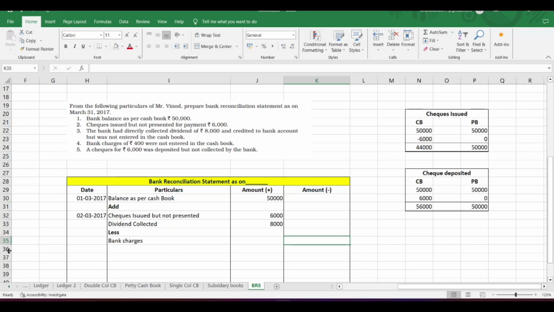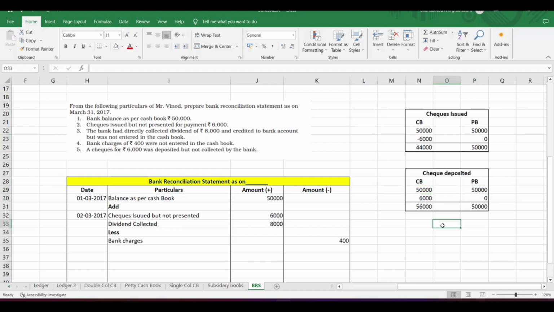that is 400. Next, check of rupees 6,000 was deposited but not collected by the bank. Here again a check was deposited. We have two books, cash book and passbook. Let us again assume that we have a balance of rupees 50,000 in both the books. Now the check is deposited but not collected by the bank.